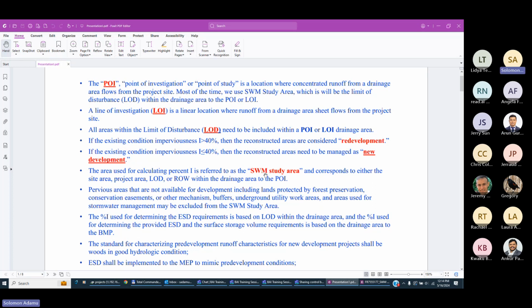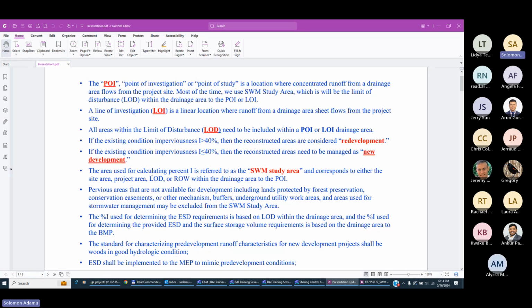So I already talked about the area used for calculating percent impervious, referred to as the stormwater management study area, which I showed you here is the intersection of the LOD and the drainage area to the POI.